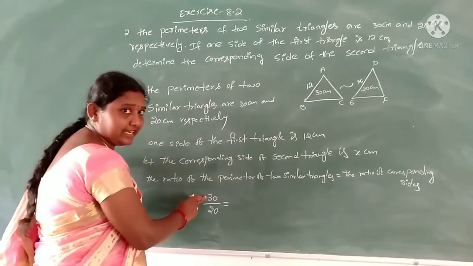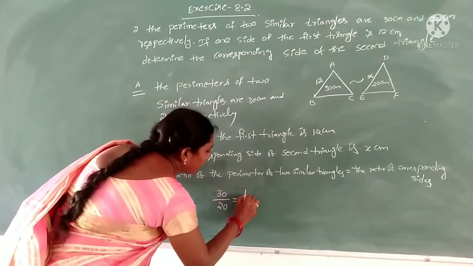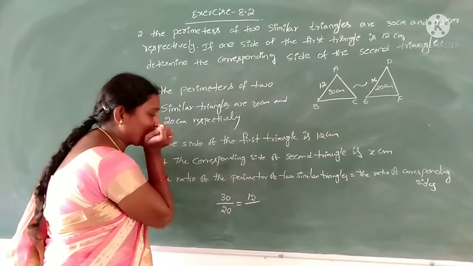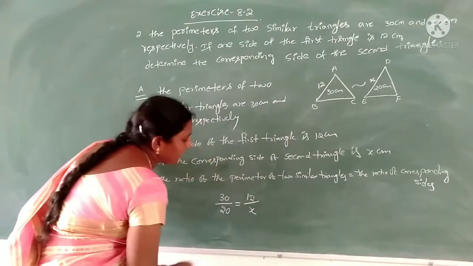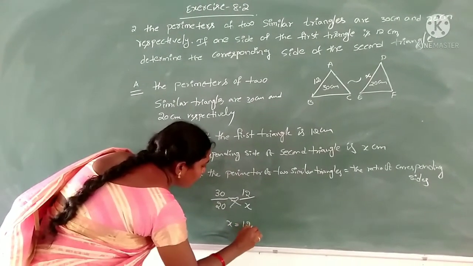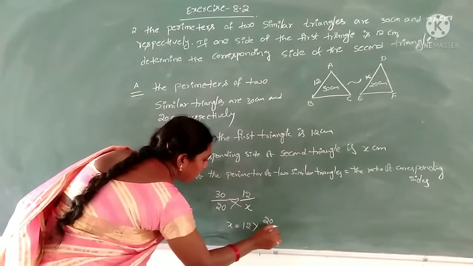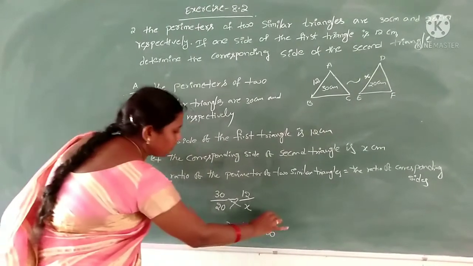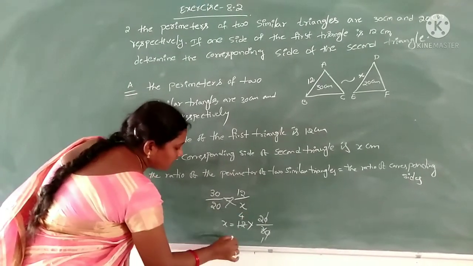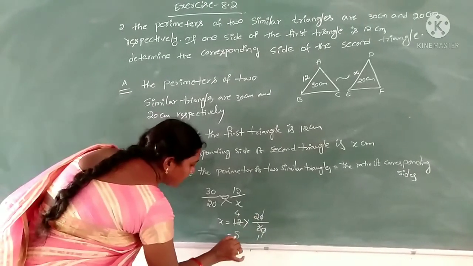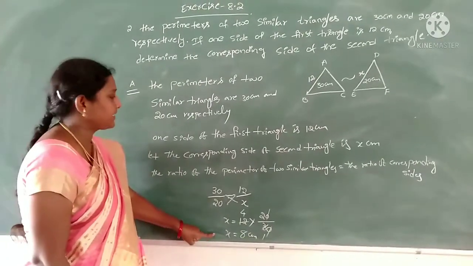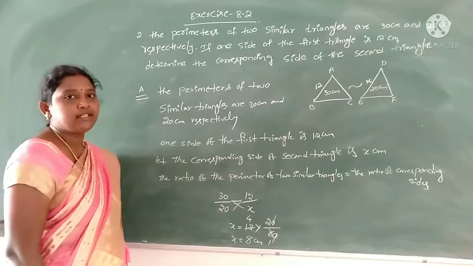So first triangle perimeter 30 and its side 12 centimeters, by second triangle perimeter 20 by second triangle side x. Next, cross multiply. So x equals 12 into 20 by 30. Zeros cancel, and 3 ones 3, 3 fours 12, that equals 4 twos are 8. x equals 8 centimeters. What is x? x is the corresponding side of the second triangle.